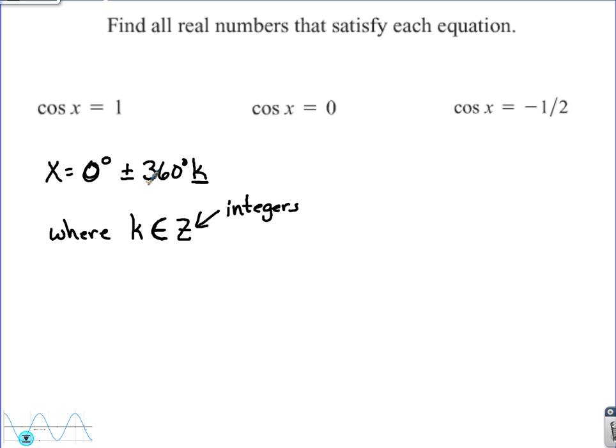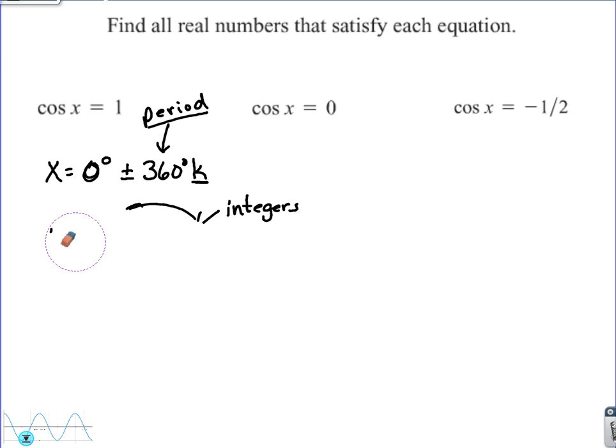Because we know that that same answer occurs every 360 degrees. Why 360? 360 is the period. That answer is going to occur another period down the road, 1 period down the road, 2 periods down the road. So that's the reason we tack on this k as an element of the integers.